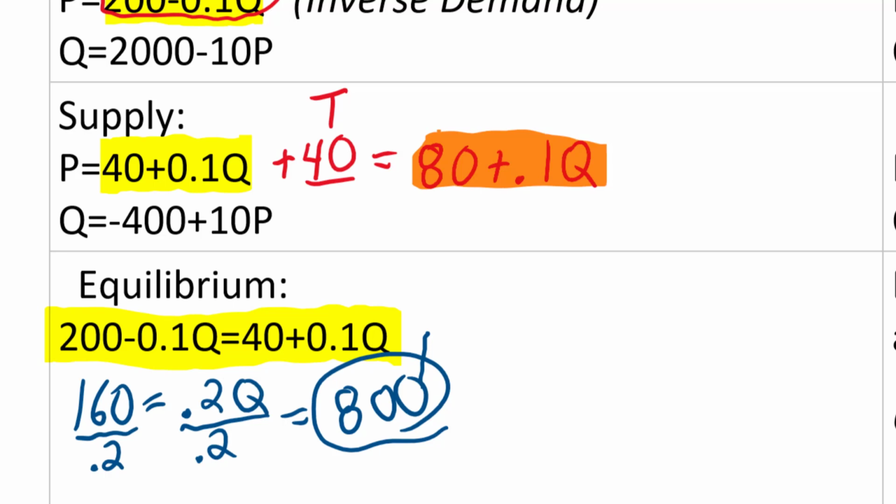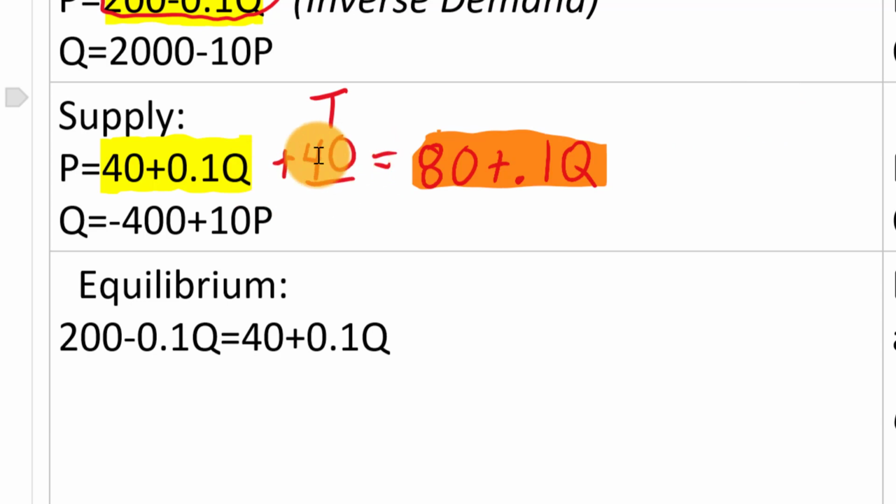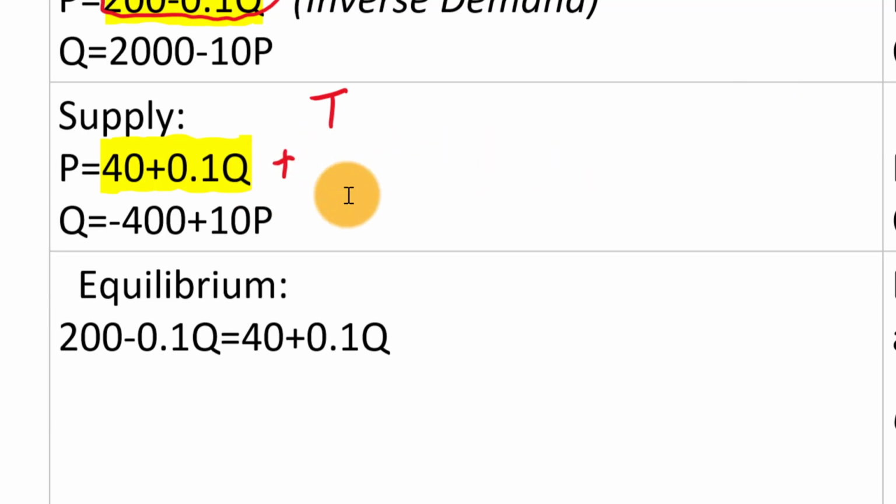So how we're going to change up what we're looking at here is instead of adding in a particular value for a tax like $40, we just want to add in a general level of a tax, and we could call it T, the letter T here. And what that's going to let us do is see how various levels of tax affect the equilibrium price and the equilibrium quantity.